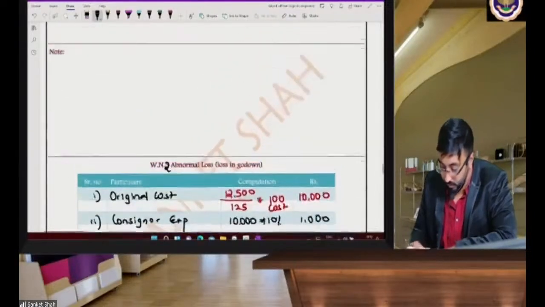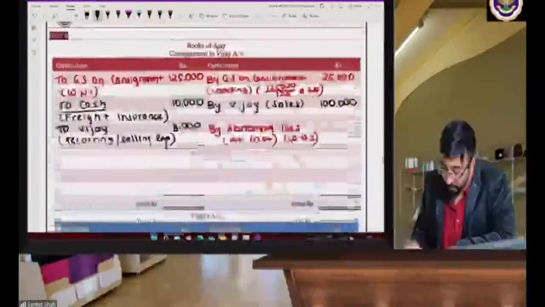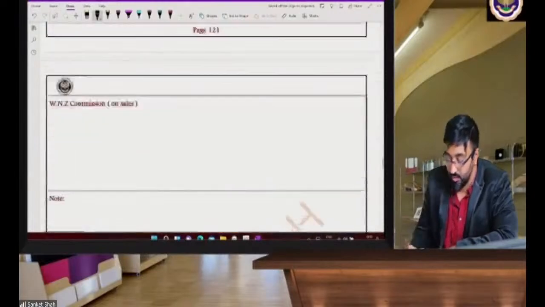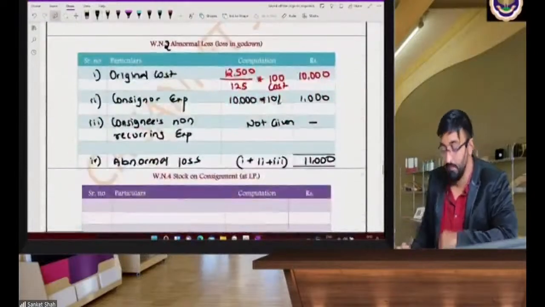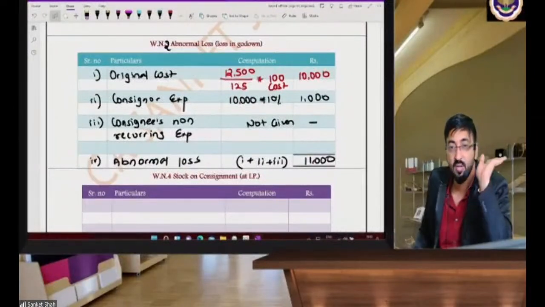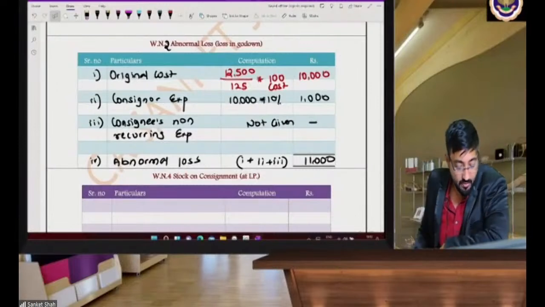So here it is 11,000. Now you got this concept. Easy. Original cost, consignor expense, consignee's non-recurring expense, and abnormal loss. Over.